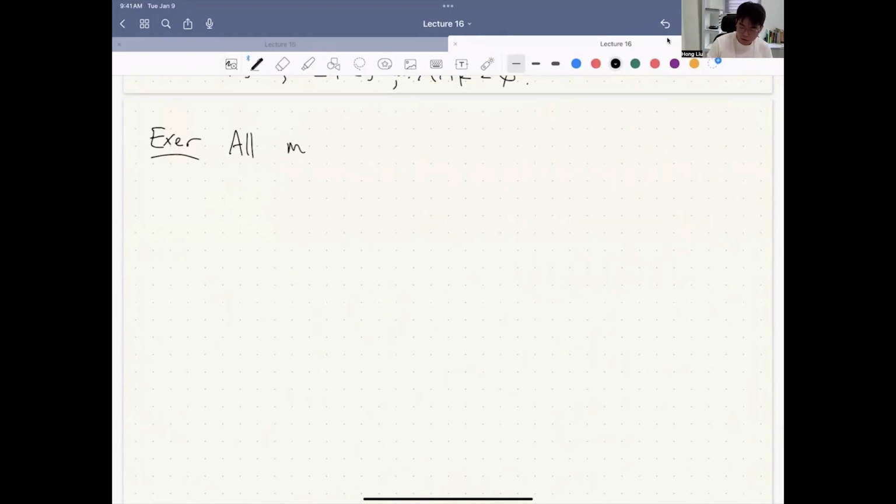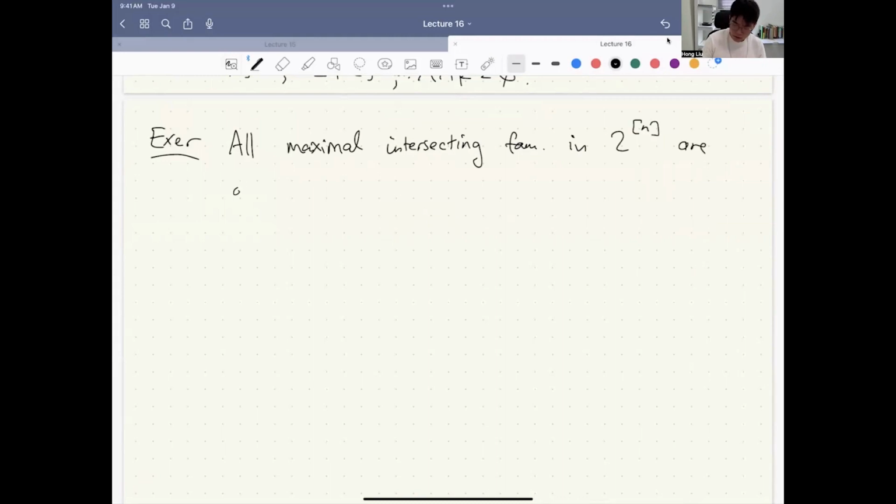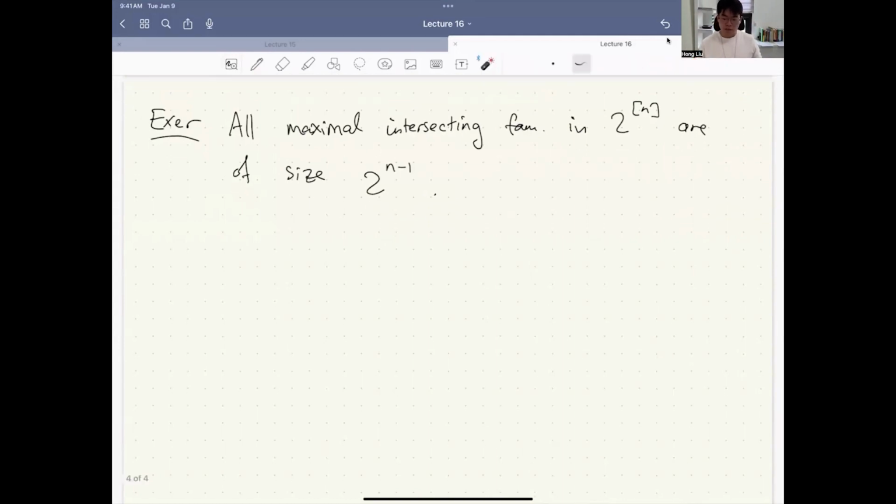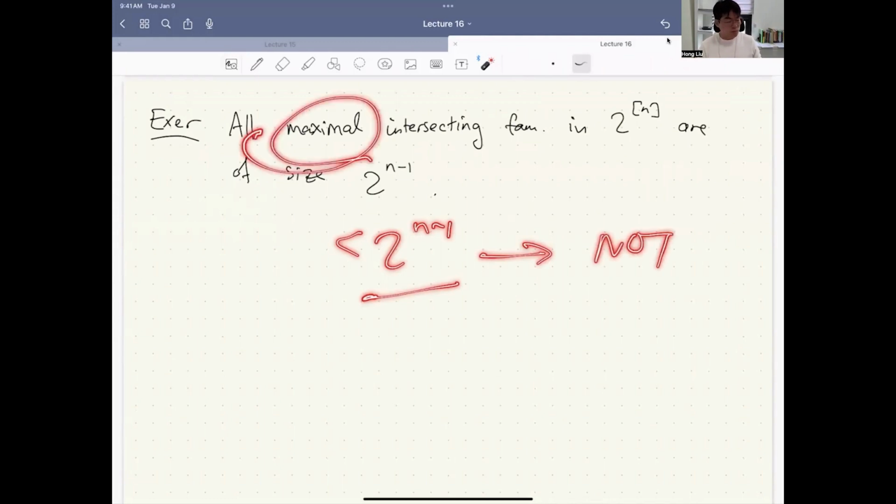Prove that all maximal intersecting families in 2 to the n are of size 2 to the n minus 1, maximum size. In other words, if you have an intersecting family whose size is strictly less than 2 to the n minus 1, then it's not maximal, right?